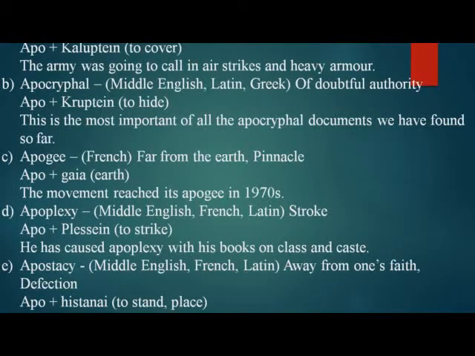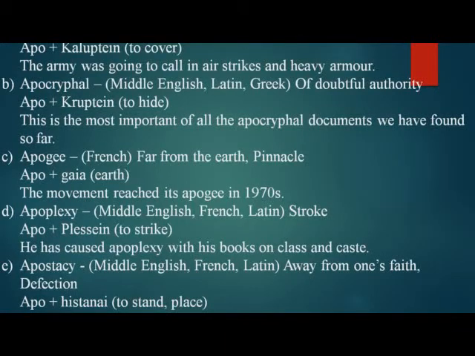So this is the most important of all the apocryphal documents we have found so far. That means most important of all the apocryphal documents. It means all the documents which have doubtful authority, no authenticity, but out of all that, this is the most important one. So that is apocryphal.